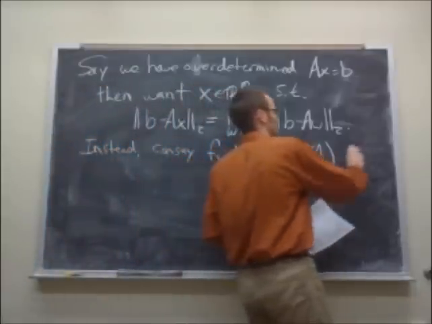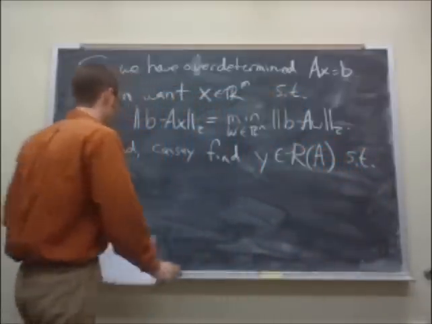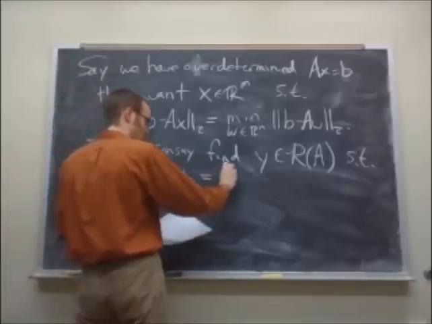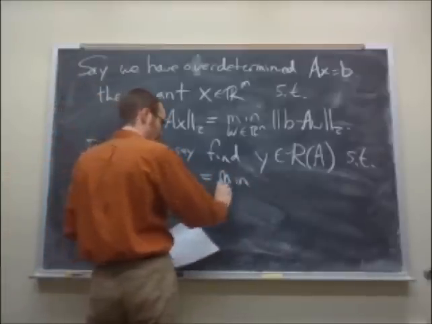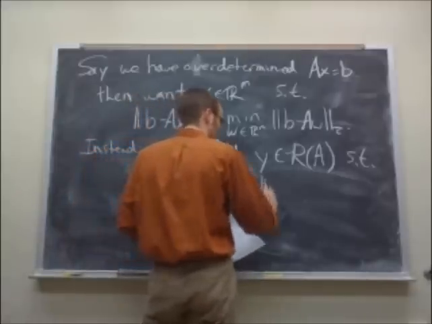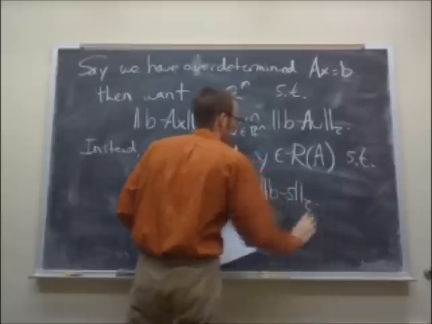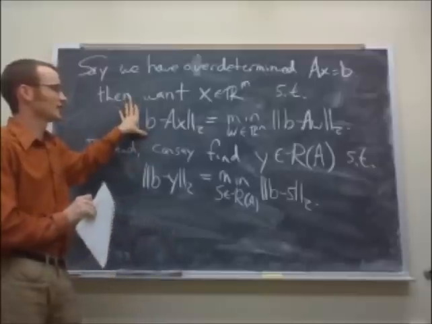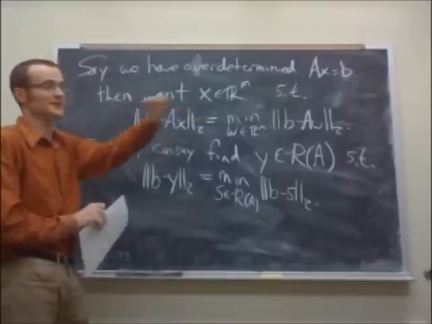So we want to find y such that the 2 norm of b minus y is equal to the minimum over s in the range of A of the 2 norm of b minus s. This makes sense because here we're just trying to minimize this over all the x's and w's.